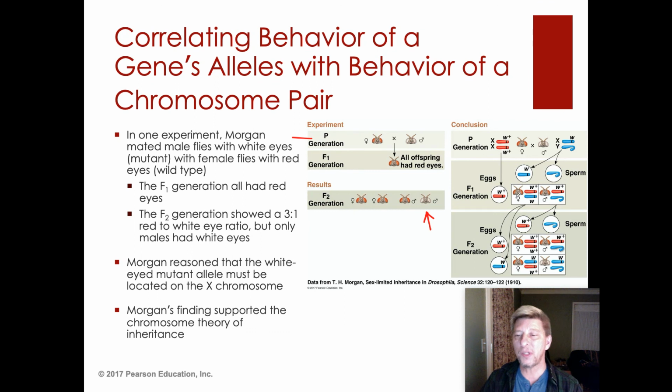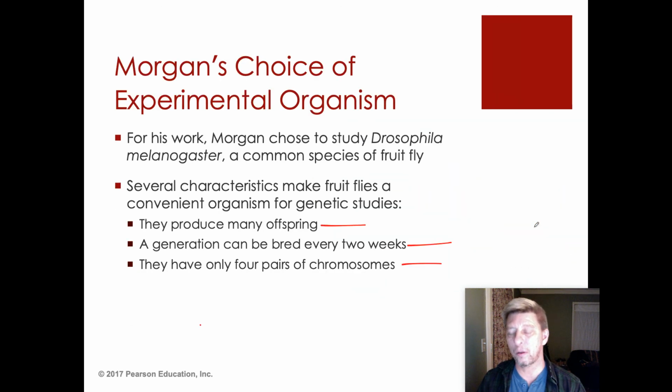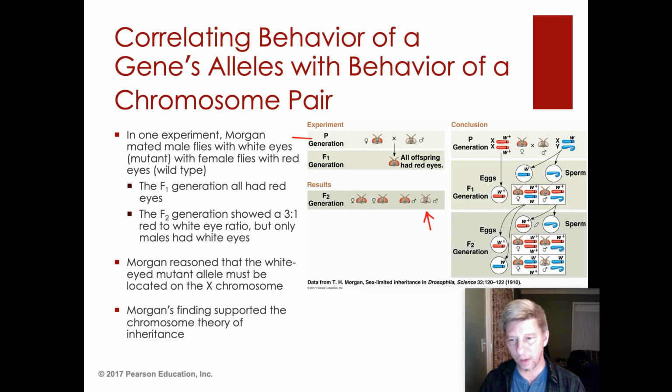However, when these males and females then produced offspring, the results were that all of the females end up with red eyes because each one of them carries at least one copy of the red-eyed allele.